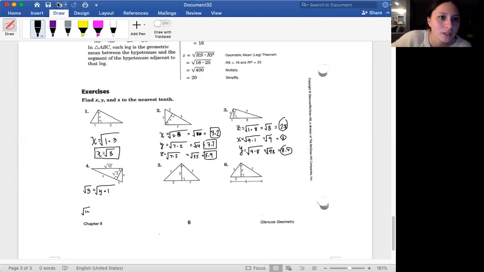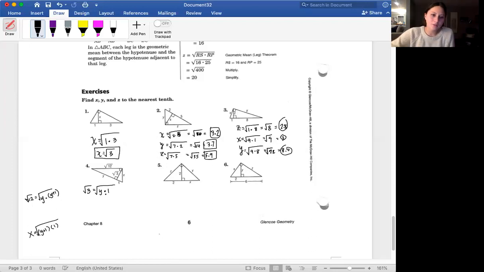I'm going to write it over here. Square root of 12 is equal to square root of y times y plus 1. And then x equals square root of y plus 1 times 1.